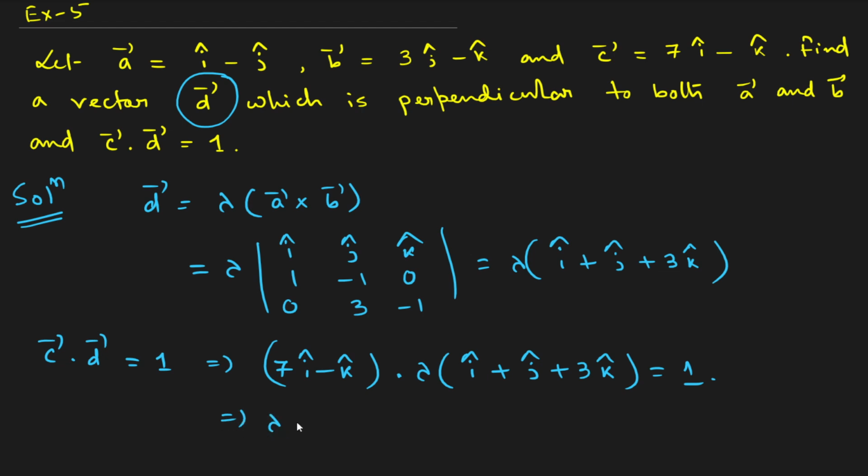Now lambda is a constant, you can write it outside. For the dot product it is 7, j cap is not there, then minus 3, is equal to 1. So the value of lambda is 1 by 4.